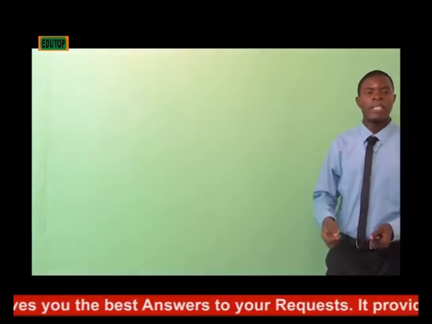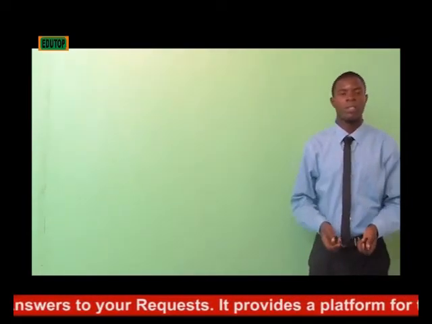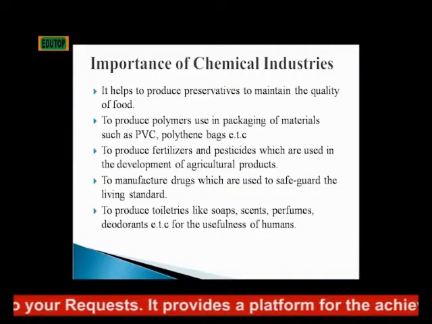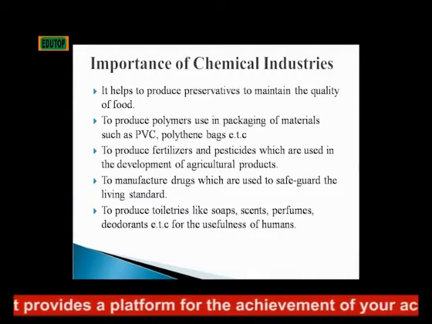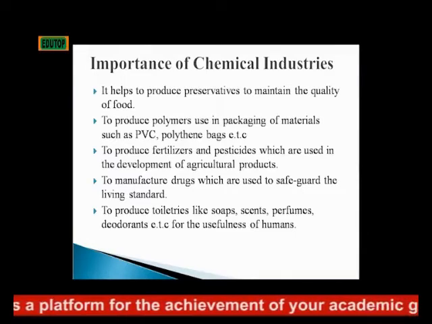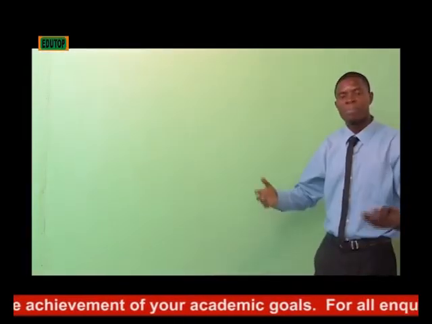The next is importance of chemical industries. Number one, it helps to produce preservatives to maintain the quality of food. What are preservatives?